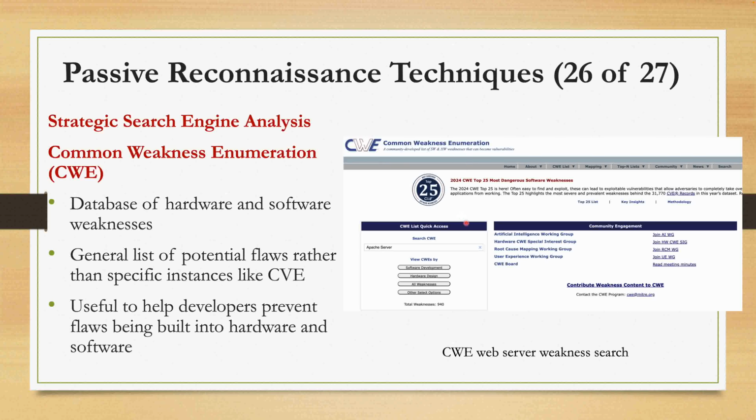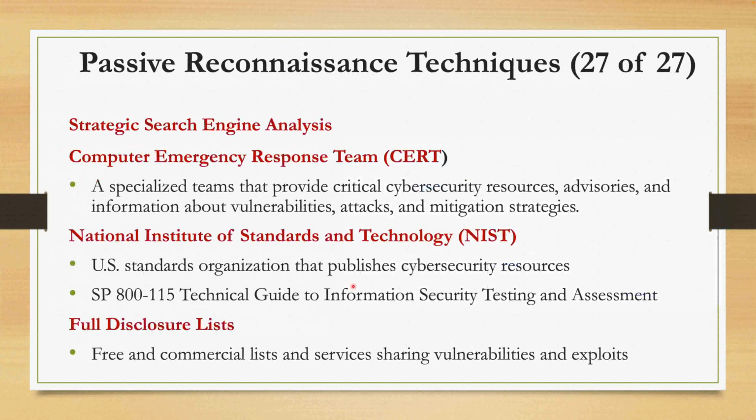You have an option to search for anything, by typing in Apache server or whatever you want. You could view the CWE by software development, hardware design, and everything. So that's another important site you need to become familiar with.